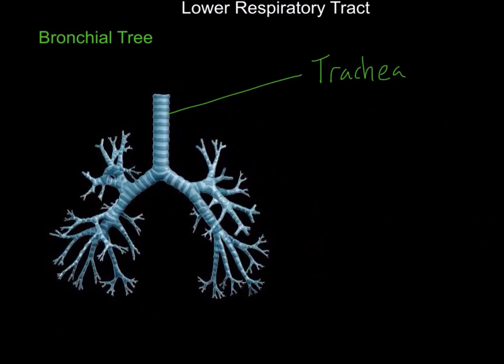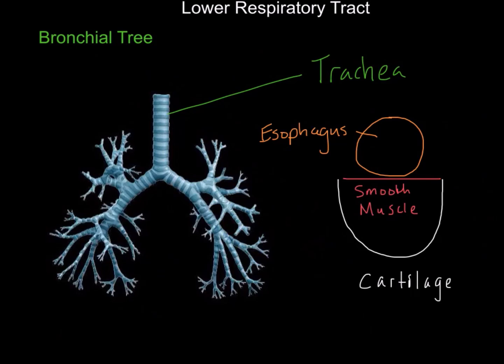The trachea consists of 20 C-shaped pieces of cartilage on the anterior side and smooth muscle on the posterior side. Looking at the trachea from a superior view, the cartilage is on the anterior side, smooth muscle is on the posterior side. And the reason why smooth muscle is located on the posterior side is because behind the trachea is a passageway for food called the esophagus.